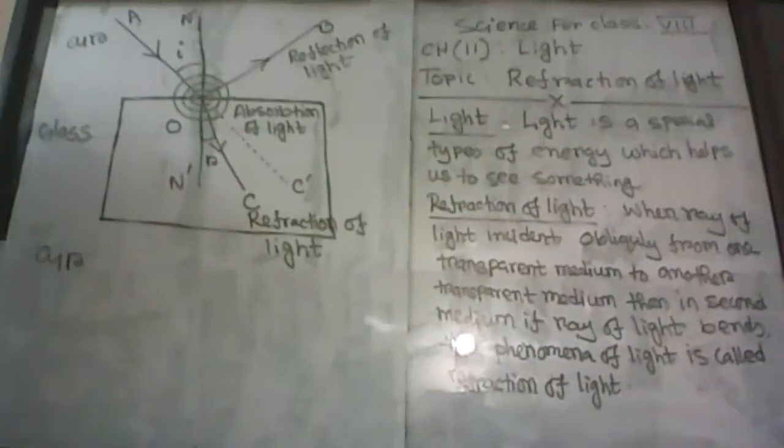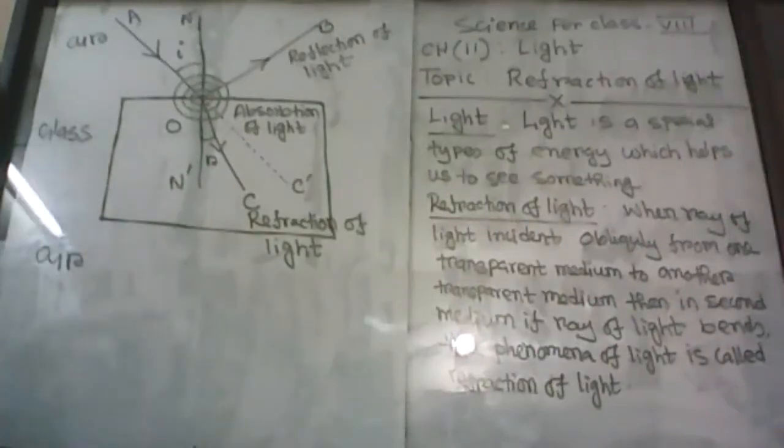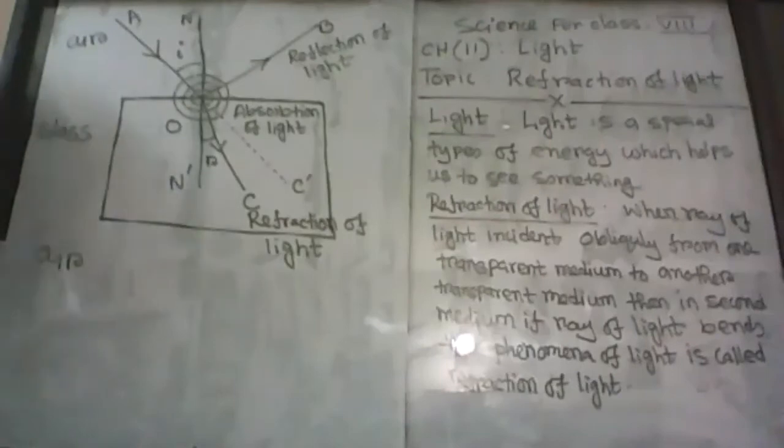So the speed of light changes from one medium to another medium. Since the speed of light changes, that's why you can say that because of the variation of speed, the ray of light bends.